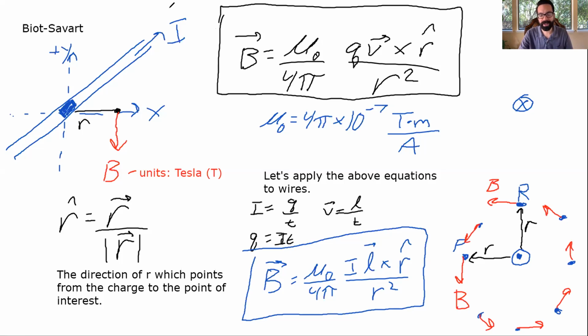So for a current coming out of the screen, it creates a magnetic field going, as you can see there, clockwise. Or sorry, that would be counterclockwise, wouldn't it? That'll be counterclockwise.